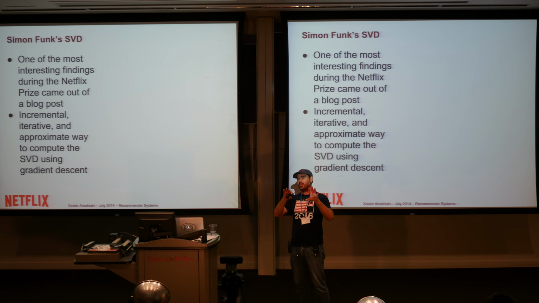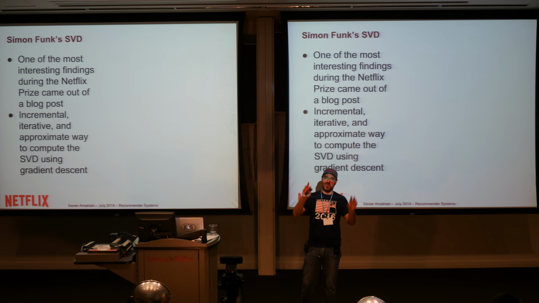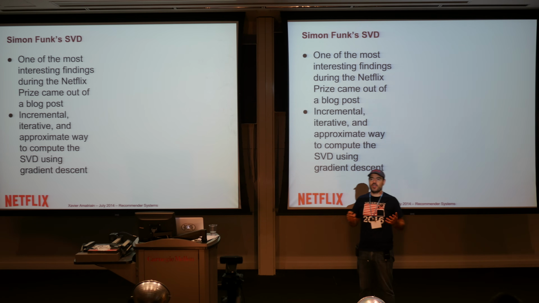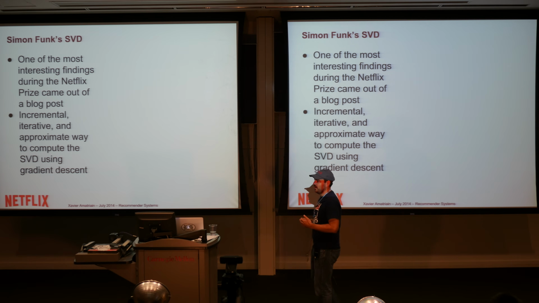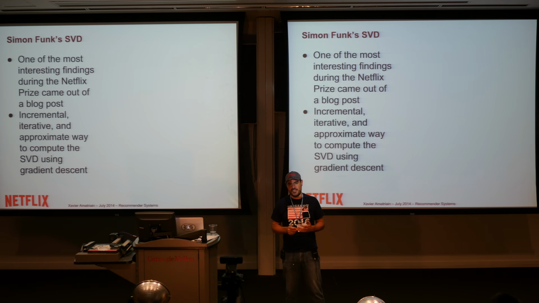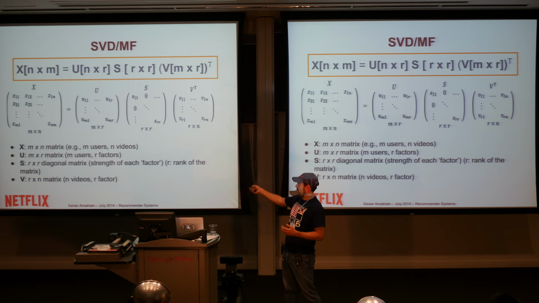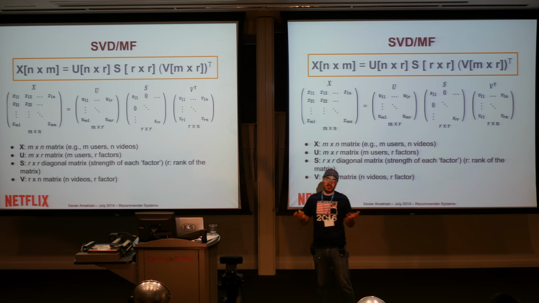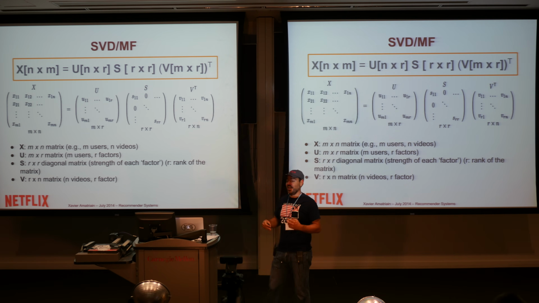There's a cow overlooking the sea in New Zealand, and it was called "Try This at Home." And he was explaining an approximate and iterative way, using stochastic gradient descent, of computing this matrix factorization, right? Or he called it approximate SVD. And he said, hey, I've done this with the Netflix data set, and it kind of works.